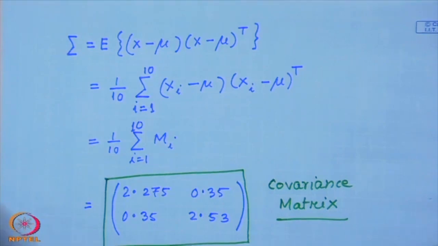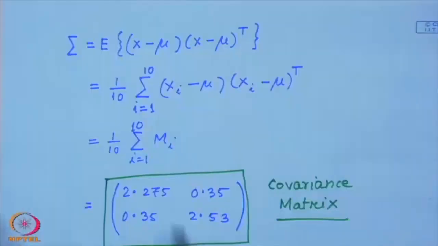Now, the next step is to find the eigenvector corresponding to the maximum eigenvalue of this covariance matrix. So, first let us find the maximum eigenvalue, and then the eigenvector corresponding to that maximum eigenvalue.